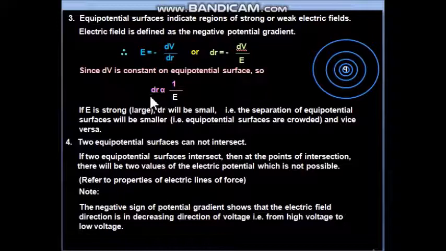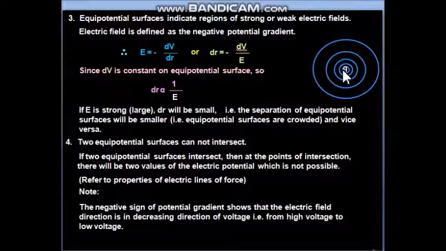So the region where the electric field is stronger, that means more, dr will be less. That means the separation between any two EPS will be less. Let us take the help of this diagram to understand.